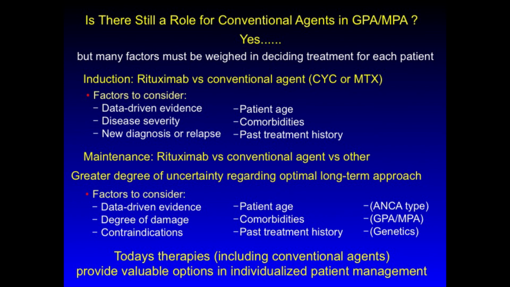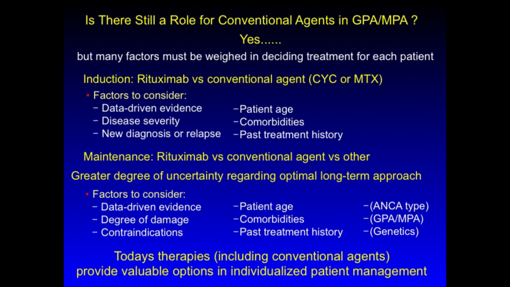So again, reflecting on our schematic as far as where conventional agents fit, I think we can see plenty of them that are appearing, and these do remain within our treatment options. Is there a role? I think the answer is yes, but many factors must be weighed in deciding treatment for each patient. In terms of induction, we are driven by our data in looking at severity, whether it's new diagnosis or relapse, age, comorbidities, and past treatment history.